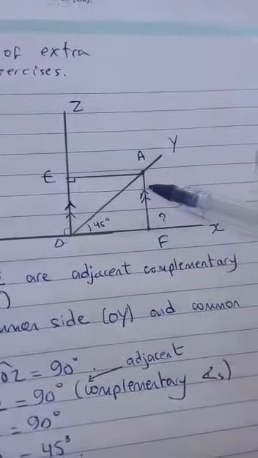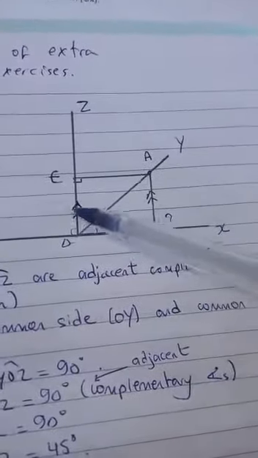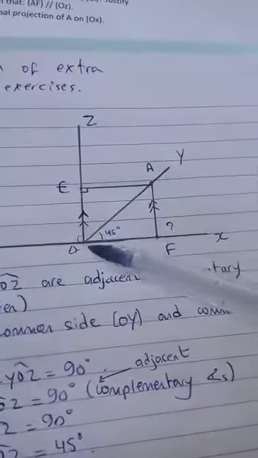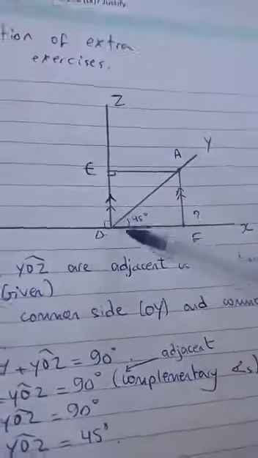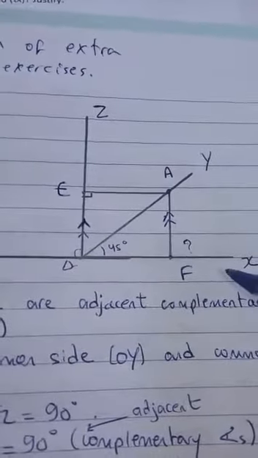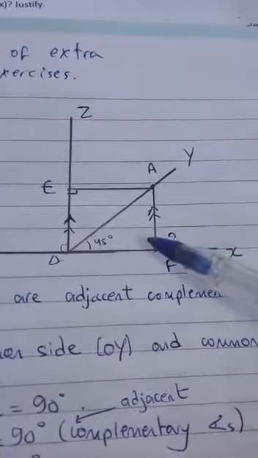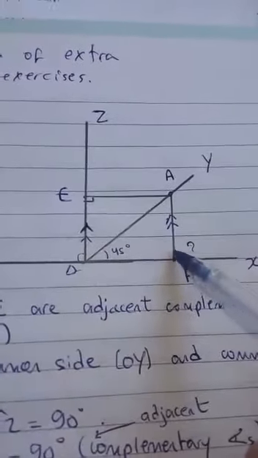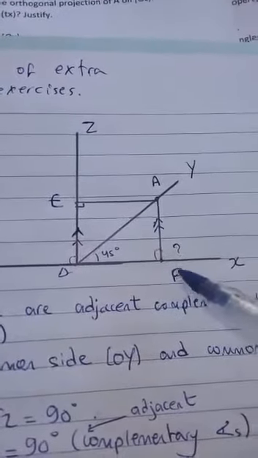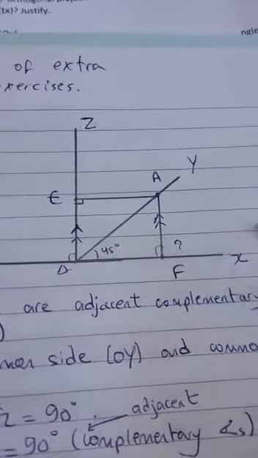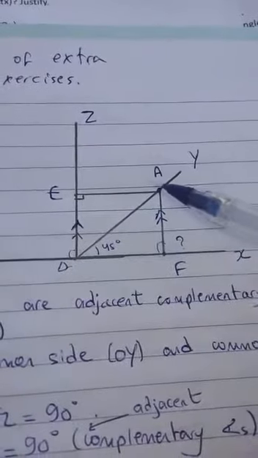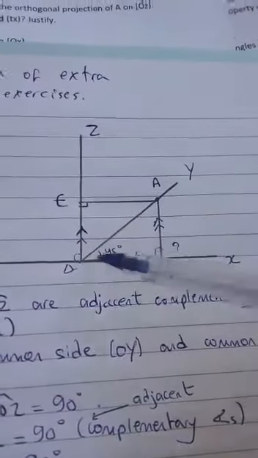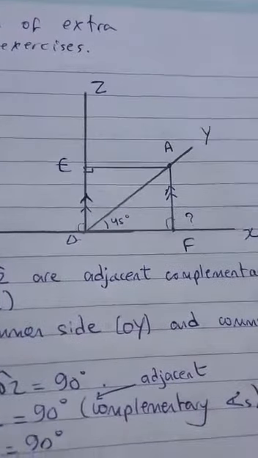Since they are parallel, and OZ is perpendicular to OX, because we know that ZOX is 90, proved, OZ makes a right angle with OX. AF is parallel to OZ, so it must also make a right angle. Why? Since if you have two parallel lines and one of them is perpendicular to another line, then the second is also perpendicular to it. So we can say that F is the orthogonal projection of A on OX, with a right angle at F. In other words, AFO and AFX are 90 degree right angles.